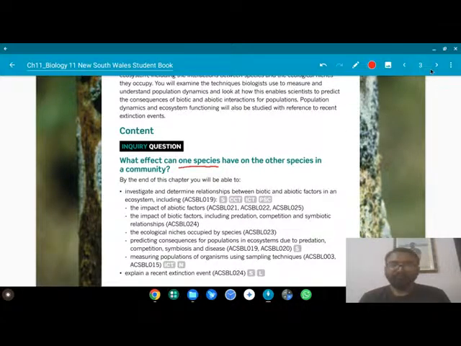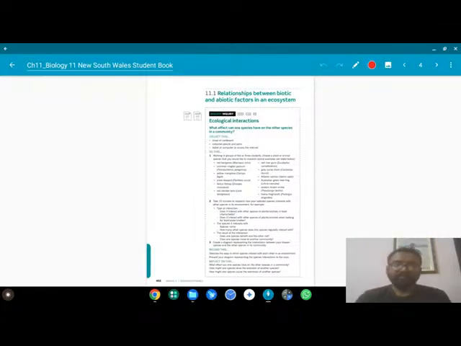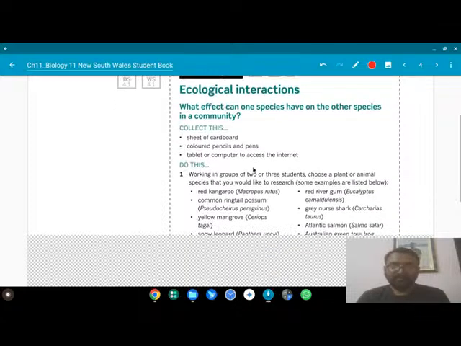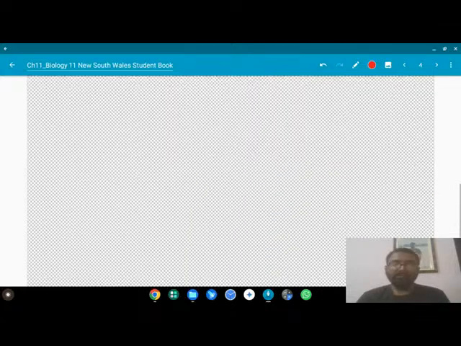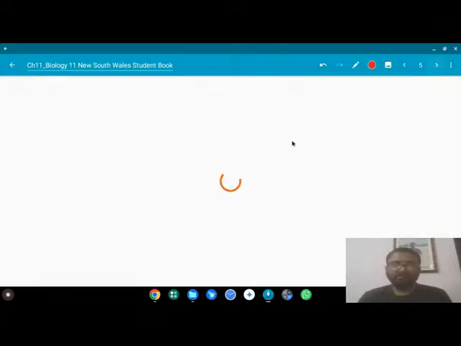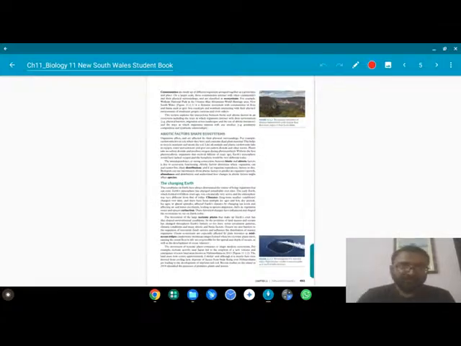If we go to the next, this is the main thing: the relationship between biotic and abiotic factors in an ecosystem. Okay. So it is biological inquiry, so how the required information needs to be thought about. It is basic only, so I'm just skipping.